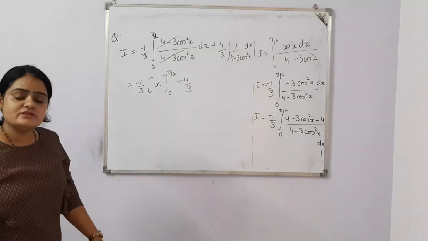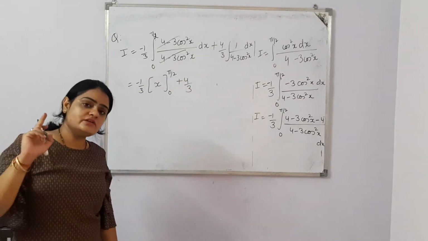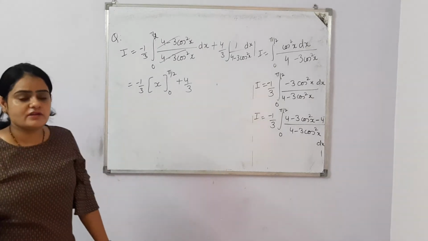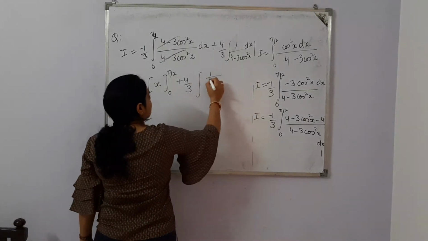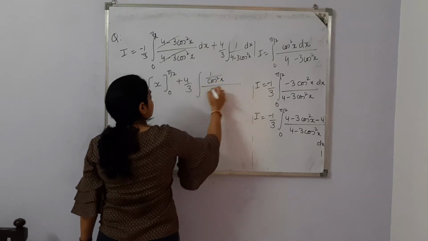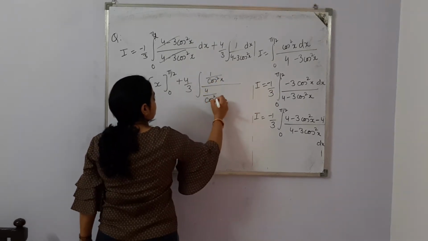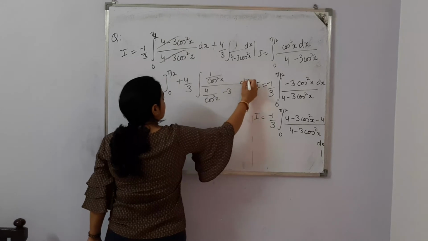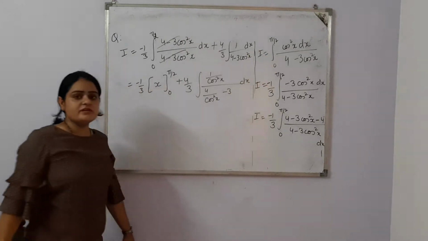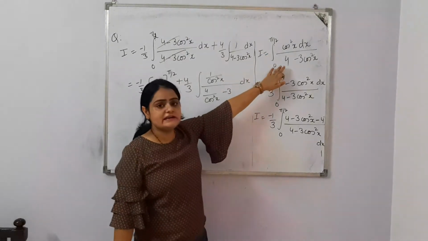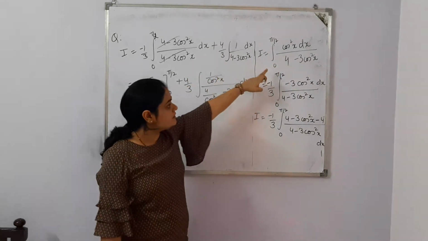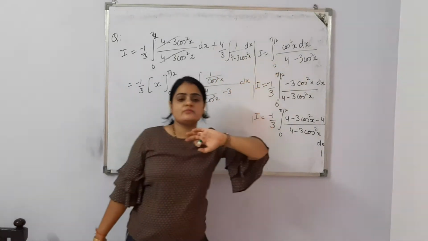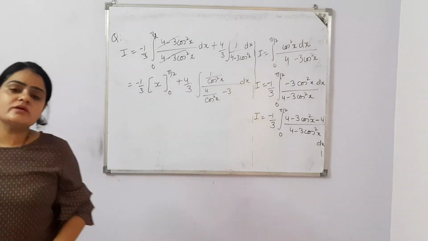Now we'll divide numerator and denominator by cos square. Now after dividing, what we are getting? What you observed before is that when we divided numerator and denominator, we got 1 upon 4 secant square x minus 3, so no formula was applicable.